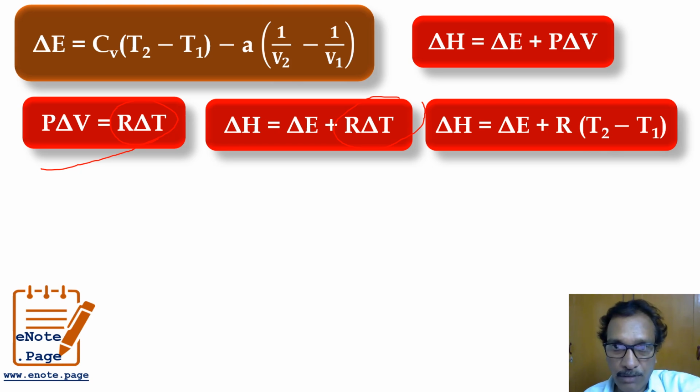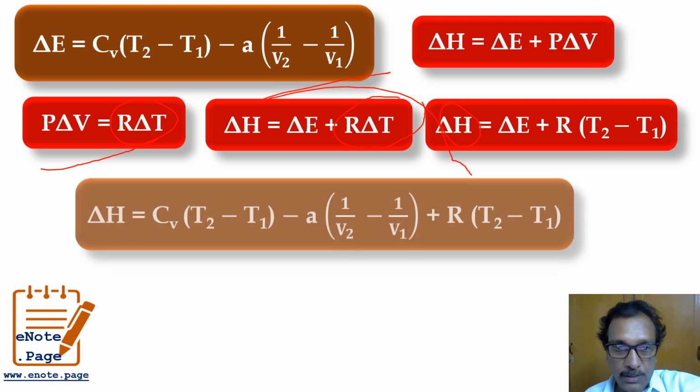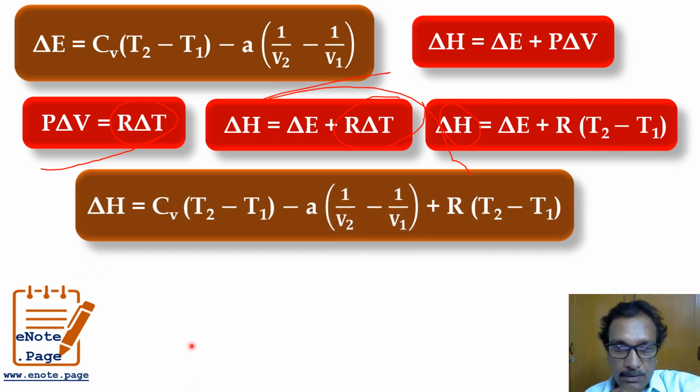Now substitute the value of delta E into this equation. So delta H is equal to CV into (T2 minus T1) minus a into (1 by V2 minus 1 by V1), and now just add the value of R into (T2 minus T1). We have two (T2 minus T1) terms, CV into (T2 minus T1) and R into (T2 minus T1).